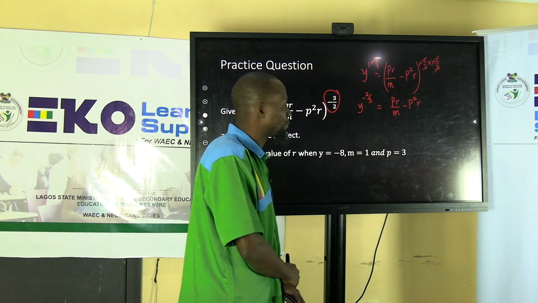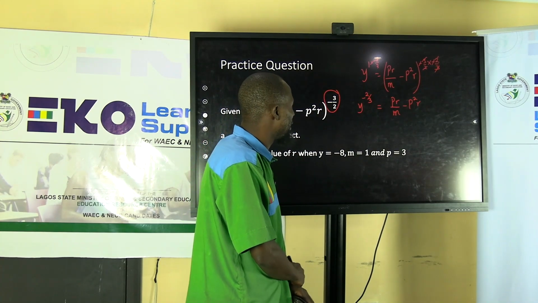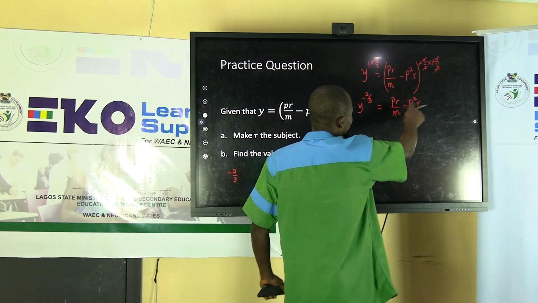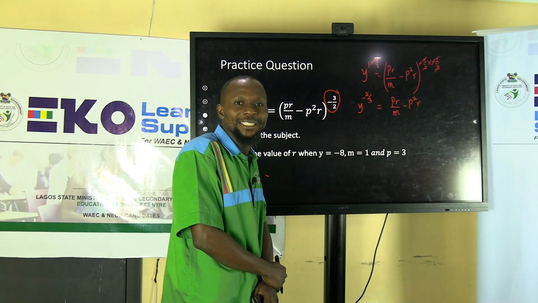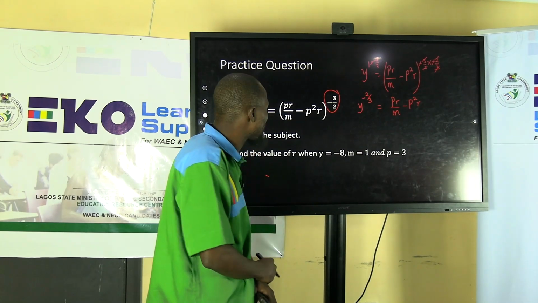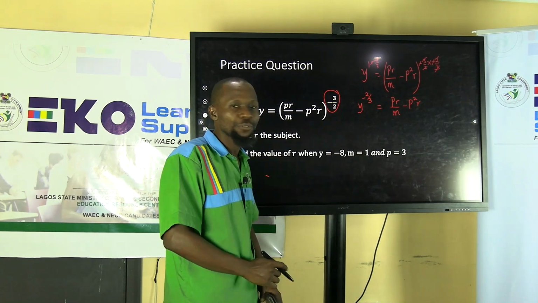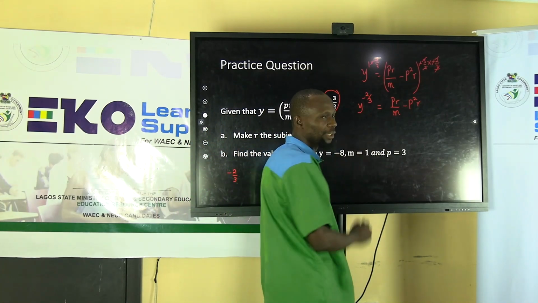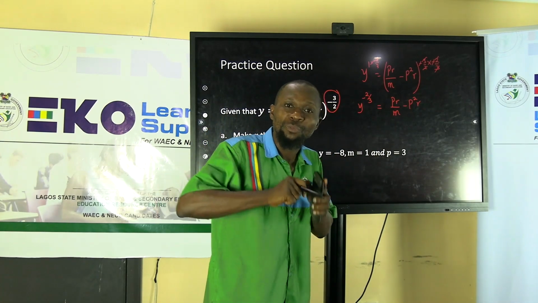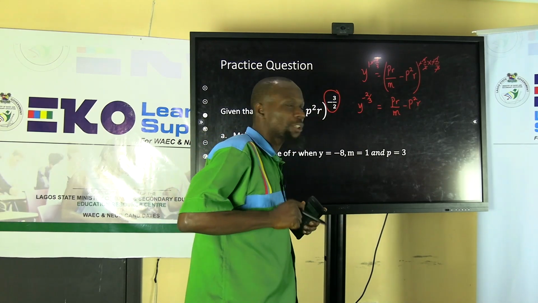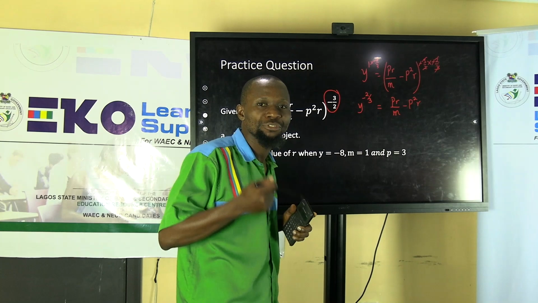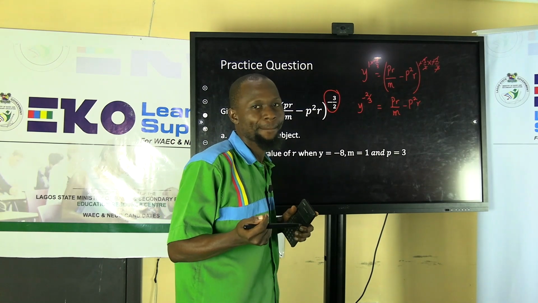So it means we have something of this nature. We are making r the subject of the formula. Can you see here, anytime you see a fraction, you can see we have a denominator here. You need to remove the fraction. How do you remove the fraction? You multiply through by the LCM of the denominator.